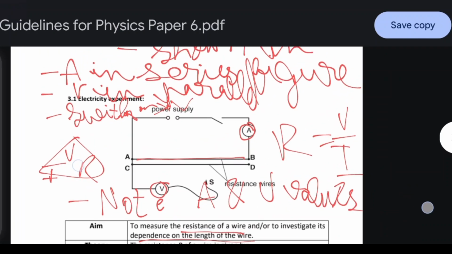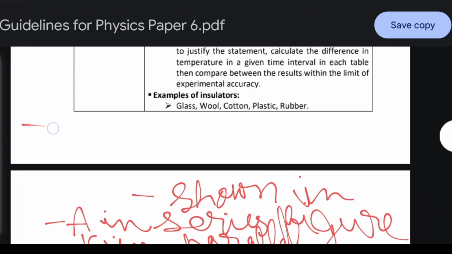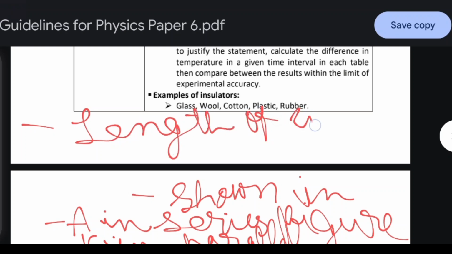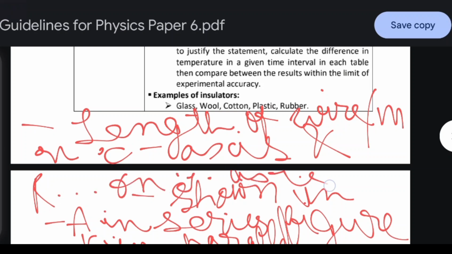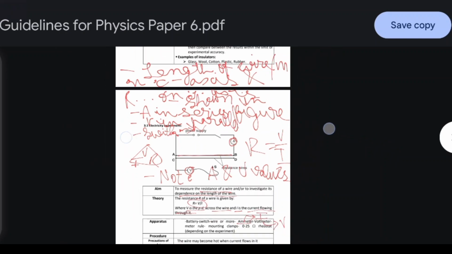Then you plot a graph taking the length of the wire per m on the x-axis, because that's what you're changing, and resistance on the y-axis. Plot a graph.